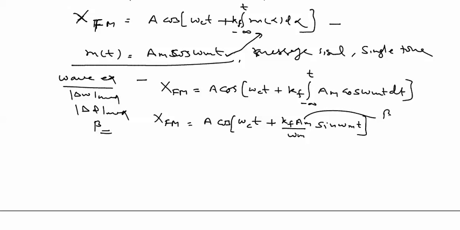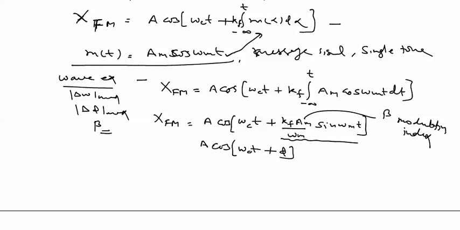This component is denoted as beta. We'll discuss the modulation index later. This is the correction amount compared with the unmodulated carrier.